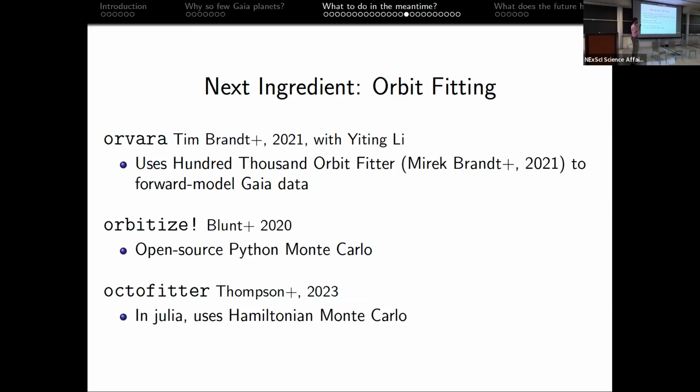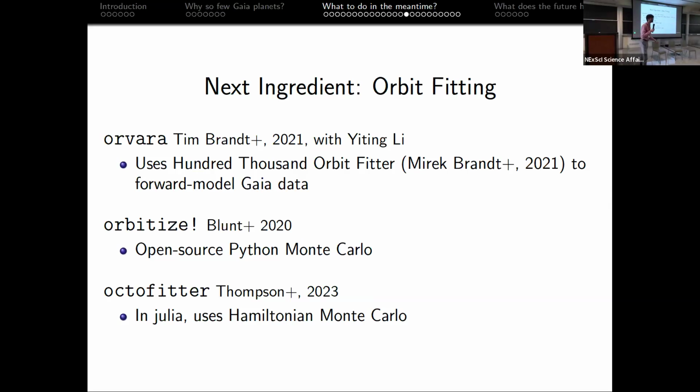For Orbitize, I don't know as much about it. It should work comparably to Orvara. In some ways, it might be a little bit slower, and I'm not familiar with exactly how they do the forward modeling of Gaia.